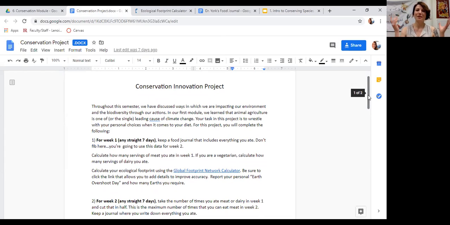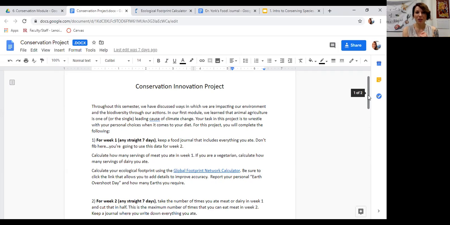In our climate change module, we talked a lot about diet being one of the biggest contributors to climate change. And at this point, you all have watched Cowspiracy, and you've gotten another big dose of how animal agriculture negatively affects our environment. So here is your task.